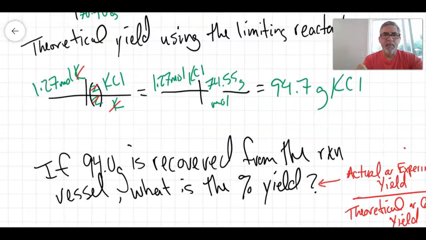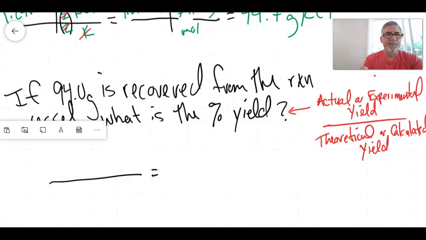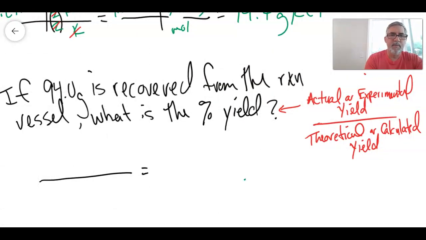Okay, all right, last part of the equation. If I obtain 94 grams in my reaction vessel, this becomes my experimental yield. Remember, I take my experimental yield divided by my theoretical yield, times 100% for percent yield.